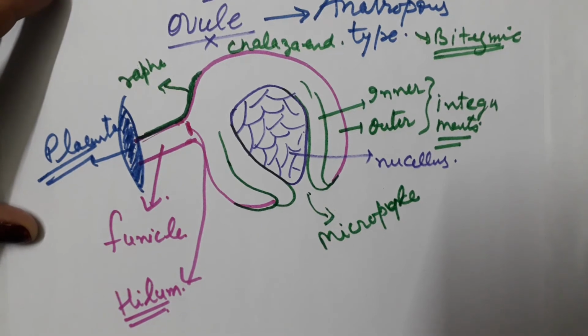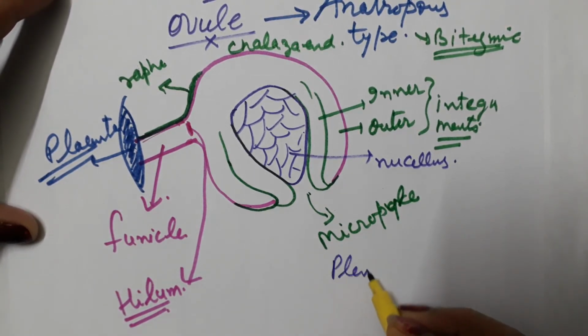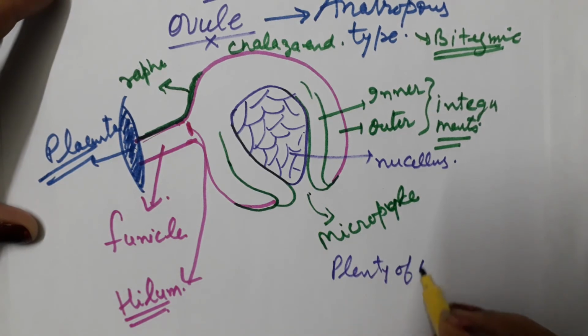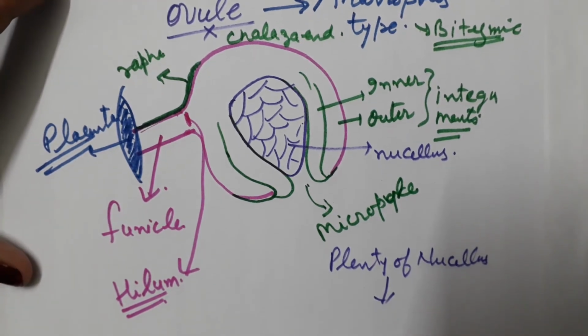If plenty of nucellus is there, then it is known as tenuinucellate.